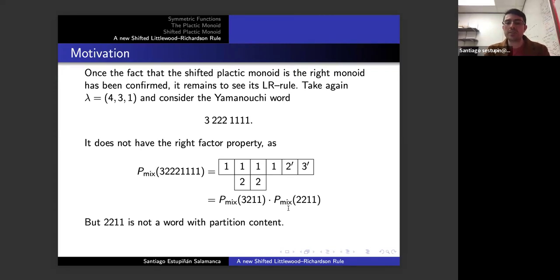So this property that we saw before, that if a certain tableau on the right was Yamanouchi, then the right factor is also Yamanouchi, is not satisfied in the shifted setting. And more than that, Yamanouchi words do not form a shifted plactic class. So depending on what Yamanouchi word you insert, belonging to the same plactic class, you may obtain different shifted tableaux. So we have to think of a different candidate.